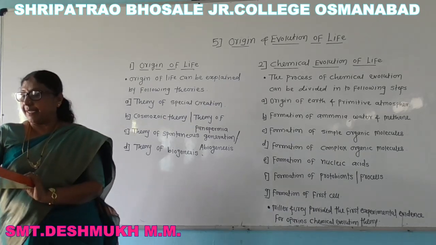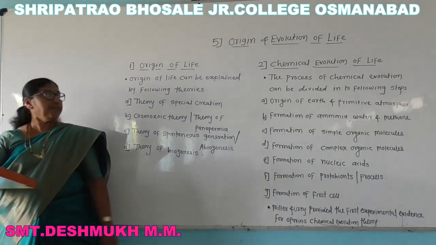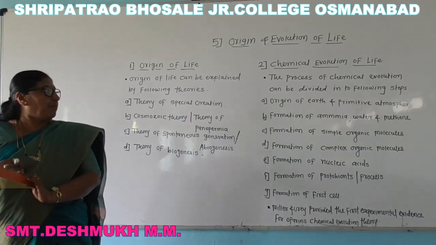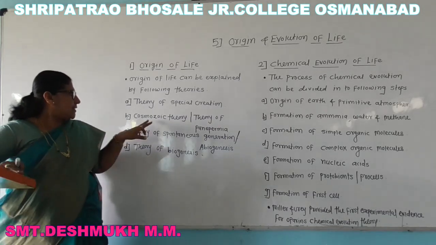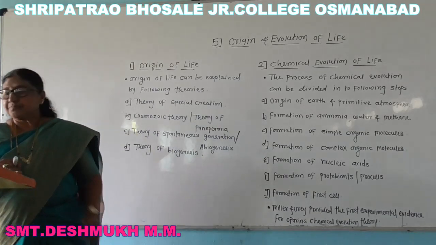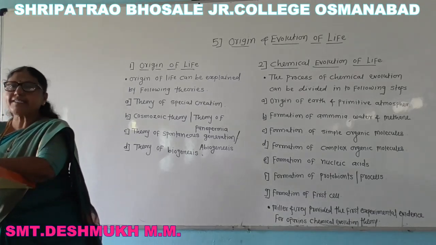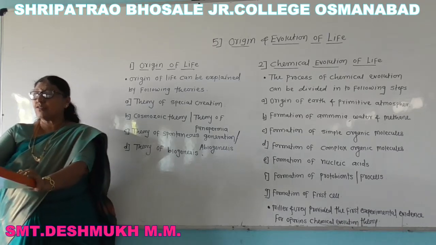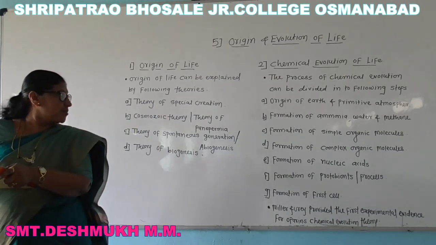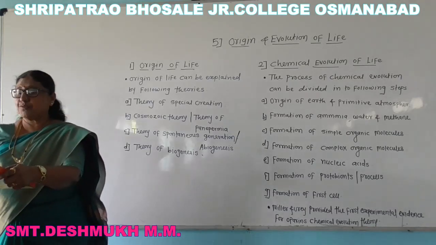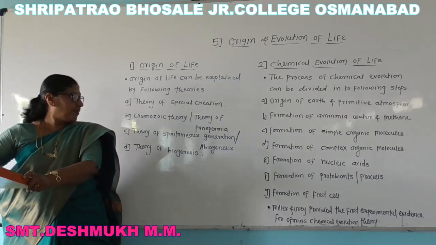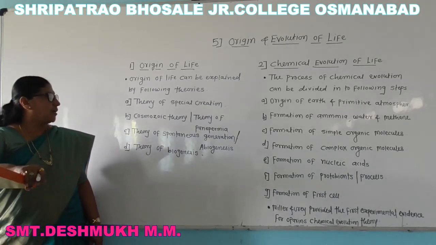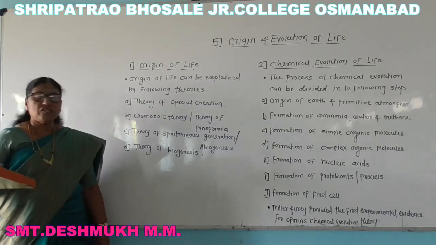According to this theory, life on the earth came from a distant planet in the form of spores or microorganisms. This is also called cosmozoa or panspermia.